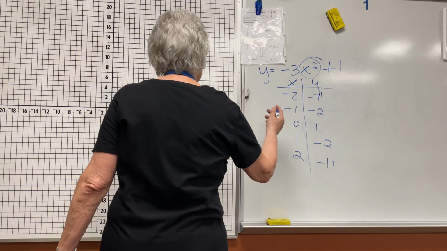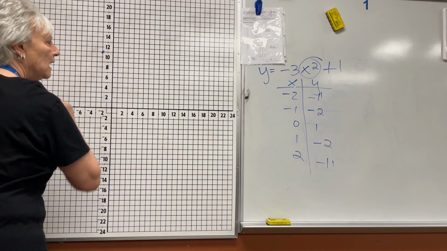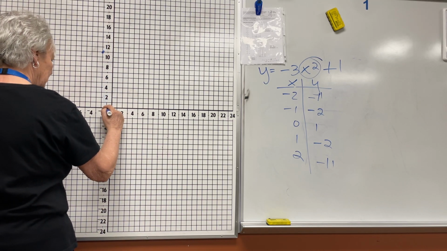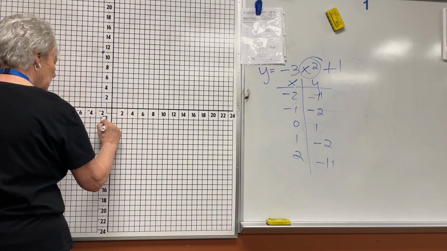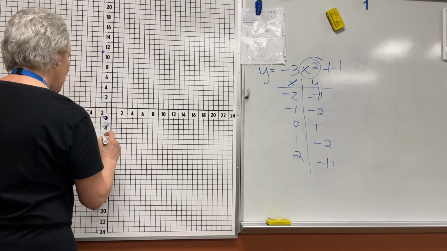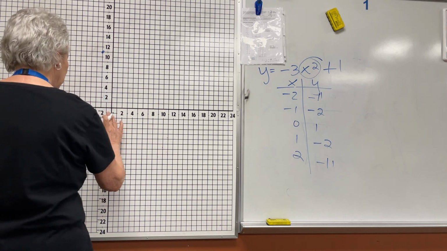Okay, so negative 2, 11. Negative 2, negative 1, negative 2. That's 3. God, I hate this chart. 0, 1. Wait, you missed. I messed up. Yeah.